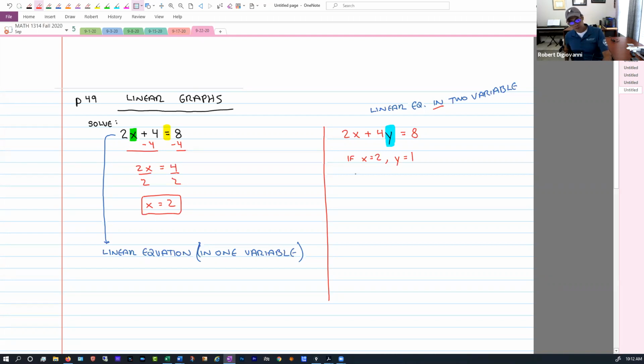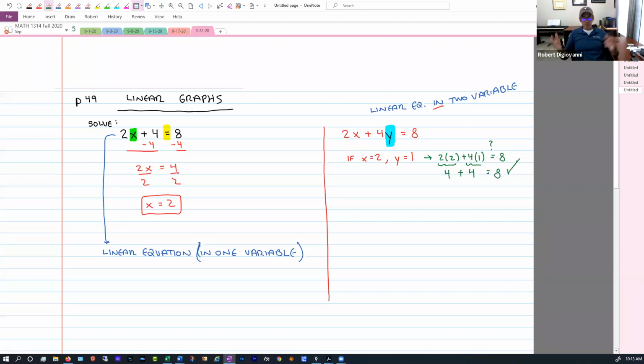So I take this equation up here, I replace the x with 2, I replace the y with 1, and I ask myself, is it true? So we just do our order of operations. We do 2 times 2, that gives us 4, plus 4 times 1, that gives us 4, and 4 plus 4 is 8, right? So that is true.